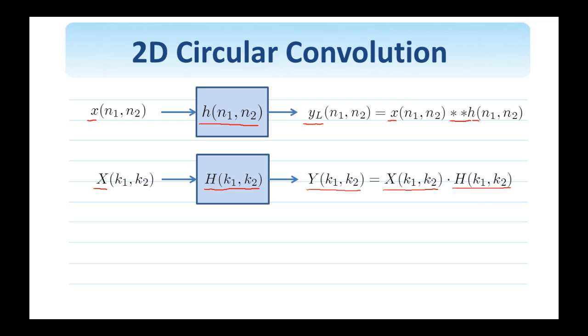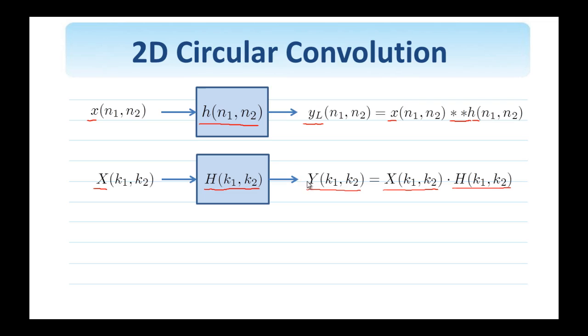A side note here is that in order to be able to perform this multiplication, I have to have all the DFTs being of the same size. Otherwise the multiplication does not really make sense. So if the support of X and H is different, I'll have to pad them with zeros to bring them to an appropriate size.